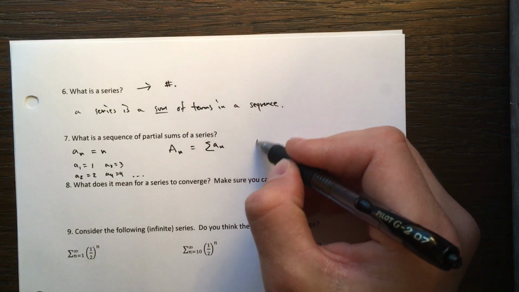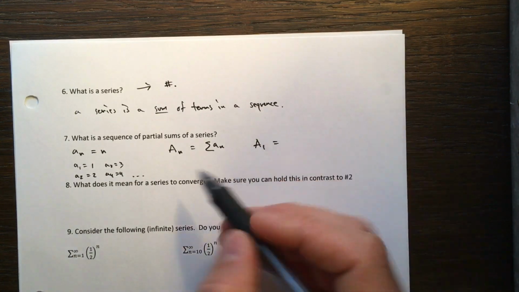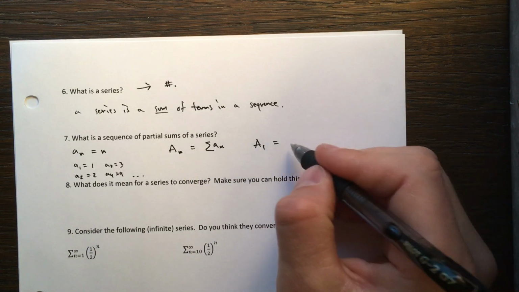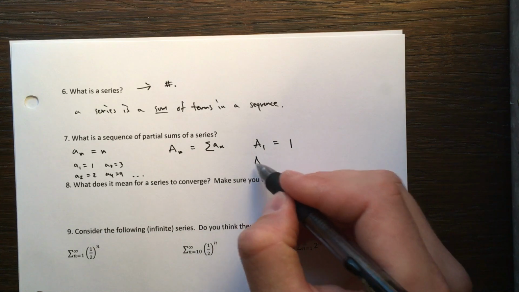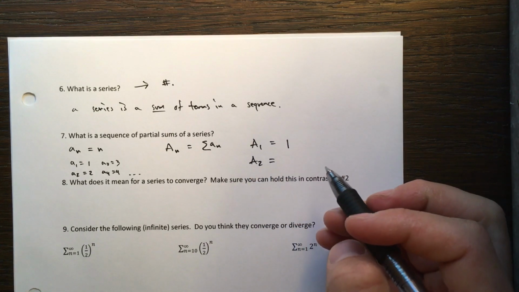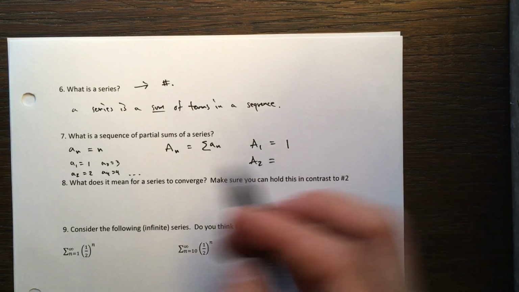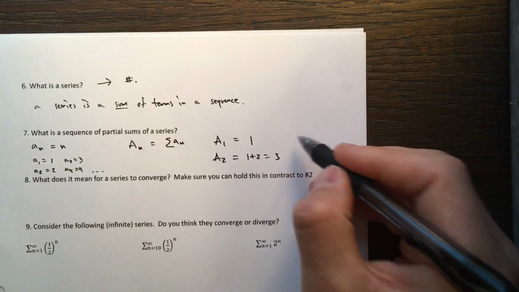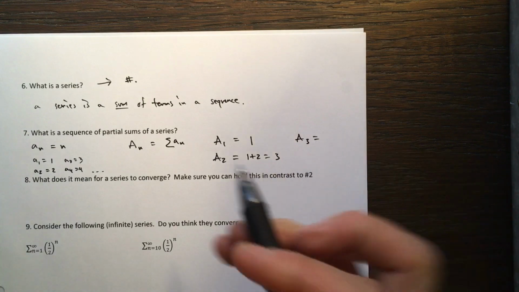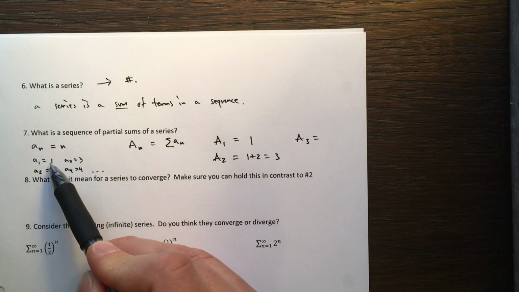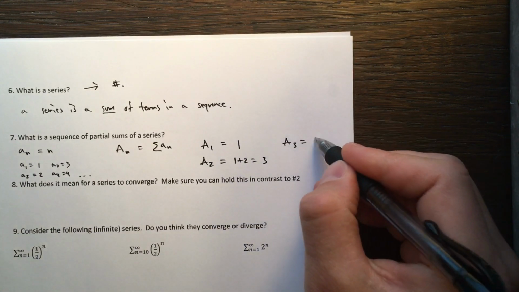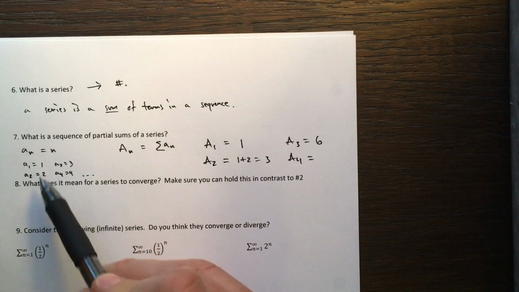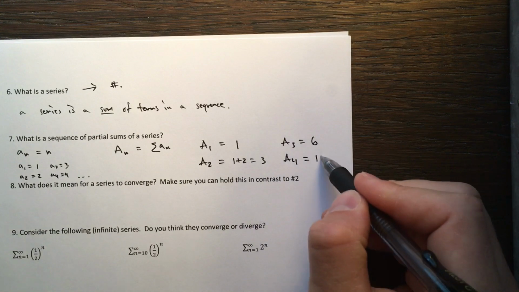Now we might say that s sub 1 is simply the sum of the first term. So that would just be 1. s sub 2 would be the sum of the first two terms. That would be 1 plus 2, which is 3. s sub 3 would be the sum of the first three terms, 1 plus 2 plus 3, which is 6. s sub 4 would be 1 plus 2 plus 3 plus 4, which is 10.